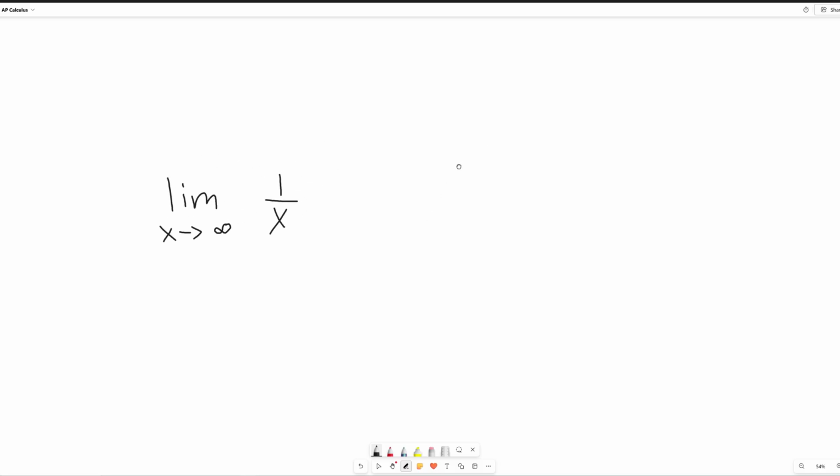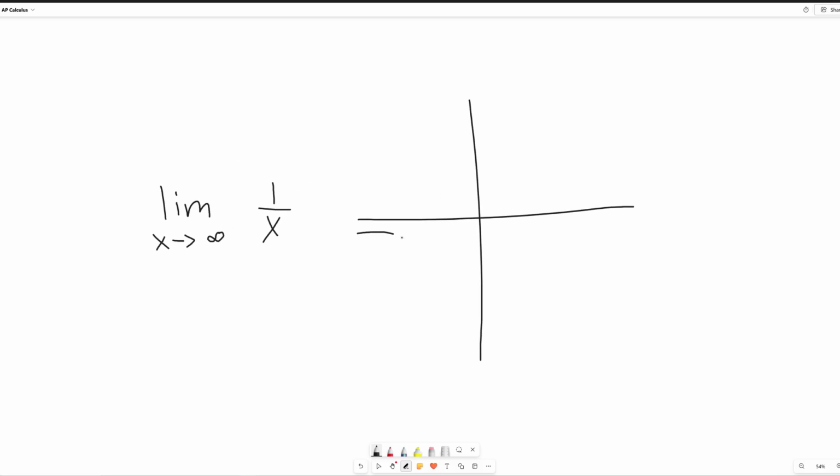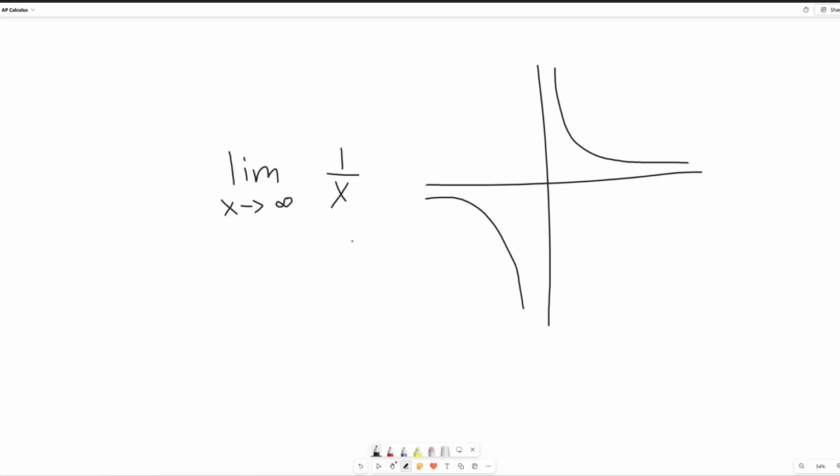So if you look at the graph of 1 over x, you don't have to do any math to realize that as x approaches infinity, it's going to be 0, which makes sense. 1 over 10 is 0.1, but then 1 over 1,000 is 0.0001. 1 over a million is even smaller than that, and if you think about it, 1 over infinity is essentially just 0.